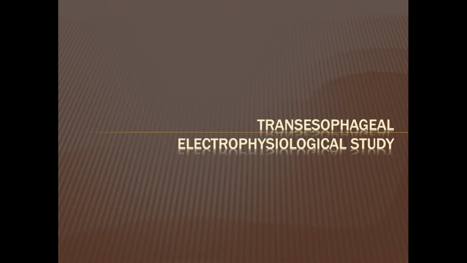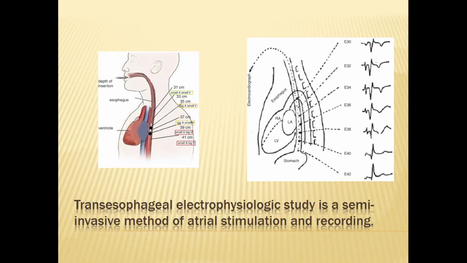There can also be an intracardiac or endocardial electrophysiological study, which is more invasive. Transesophageal electrophysiological study is cheaper and more available. It can be done even in an outpatient department. Transesophageal electrophysiologic study is a semi-invasive method of atrial stimulation and recording.